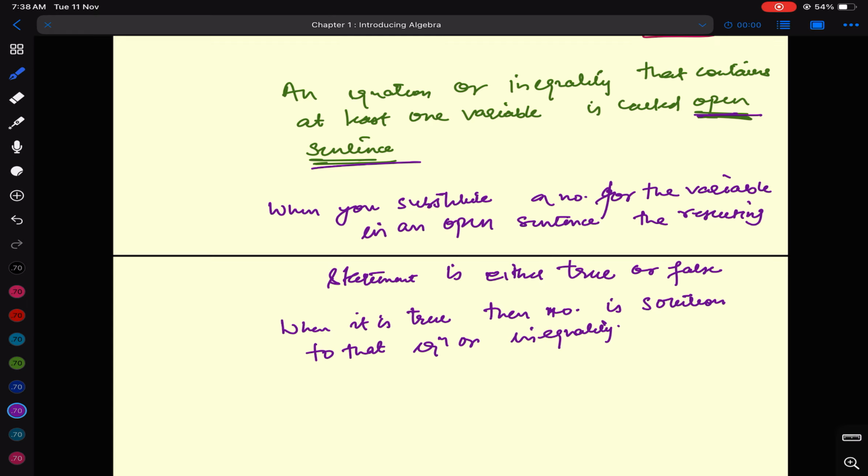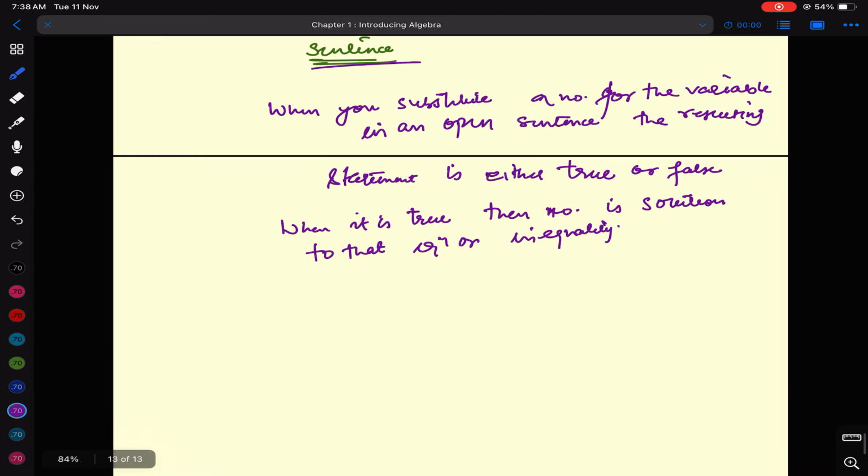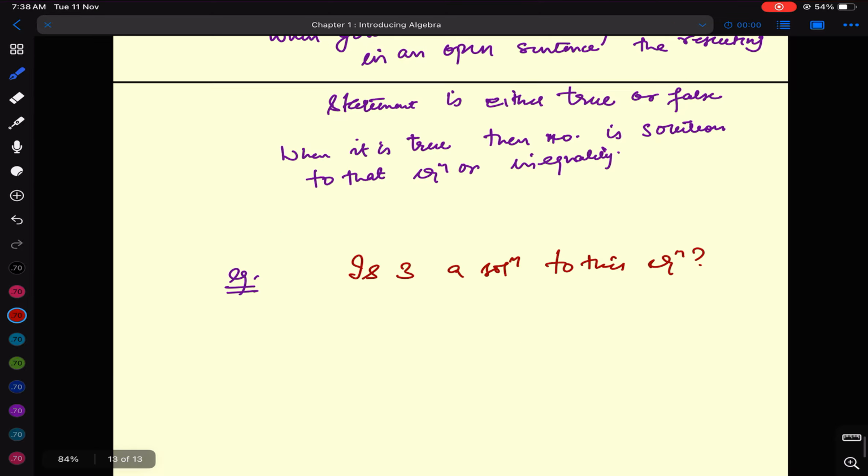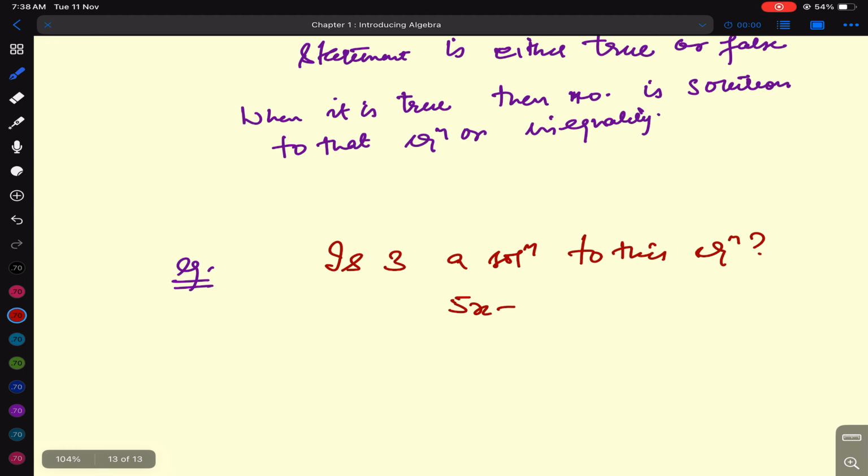Now we'll see a few examples to justify what we have studied so far. The first example: is 3 a solution to this equation? The equation given to us is 5x plus 14 is equal to 24.